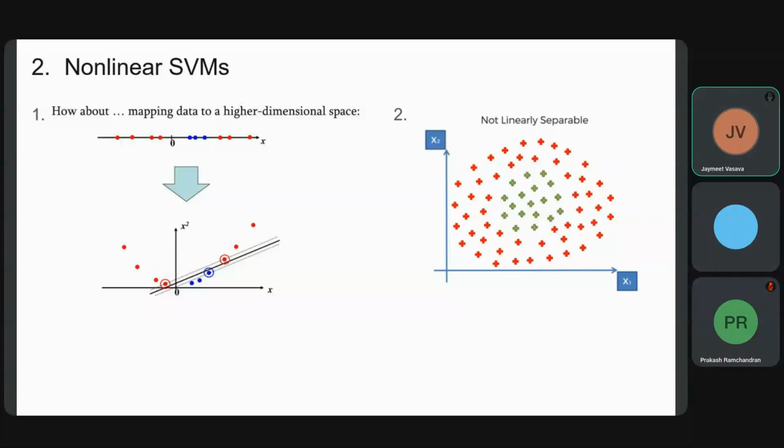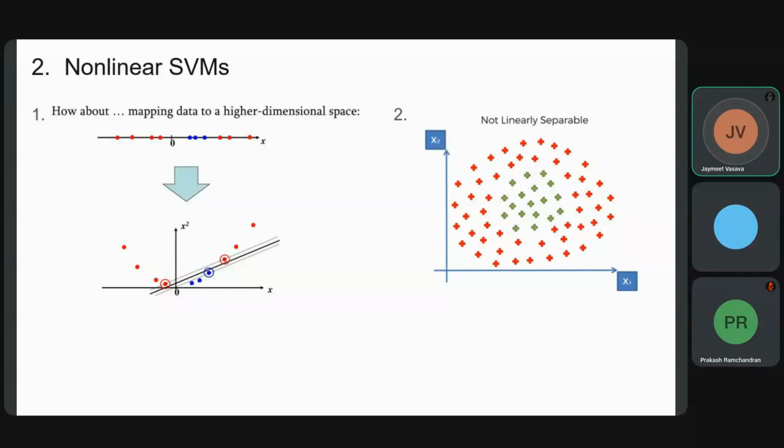The second type is non-linear SVMs, which work with non-linearly separable data. You can see that in the first image, we have plotted the data points on the number line, and it is not linearly separable data.